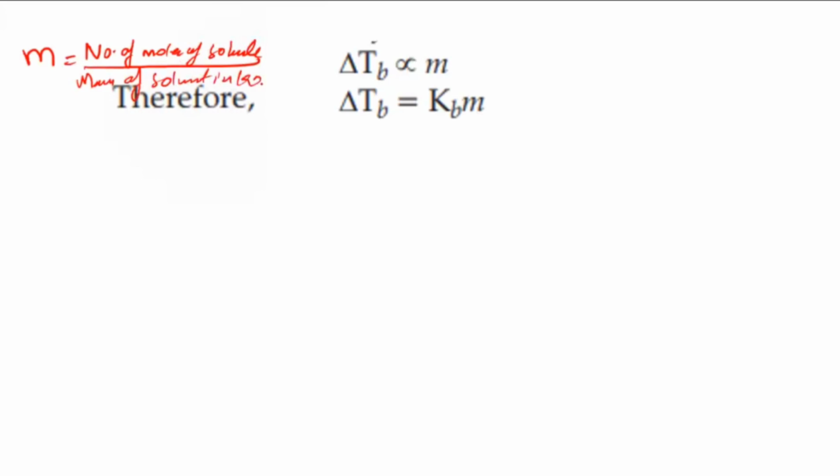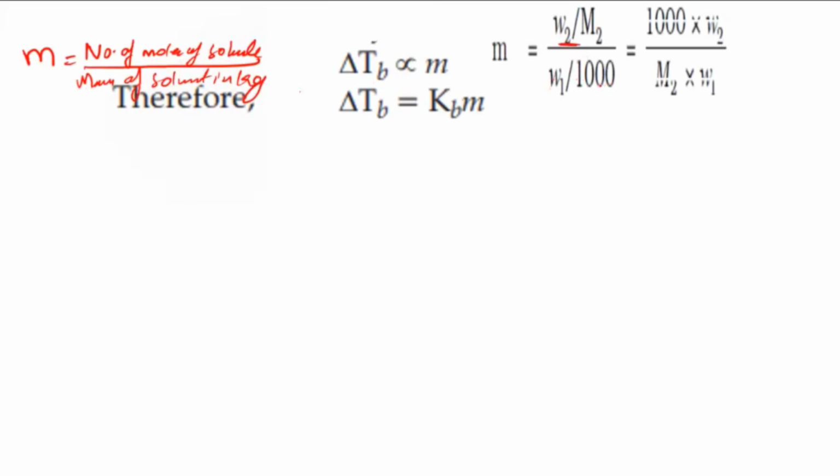So I can write it like this, just opening that formula and writing. W2 by M2 is the number of moles of solute, where W2 is for the solute, since solute is 2. Divided by the mass of solvent in kg, which we have substituted as W1 by 1000.